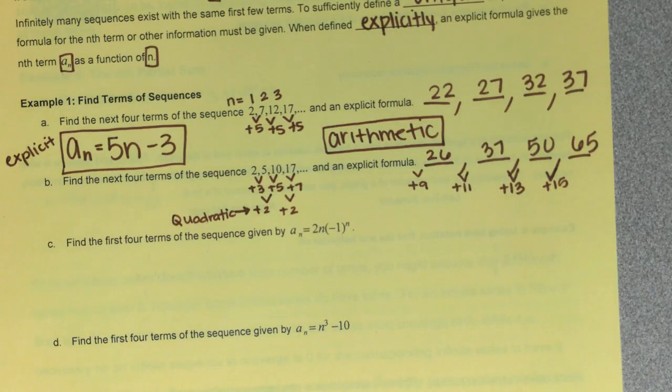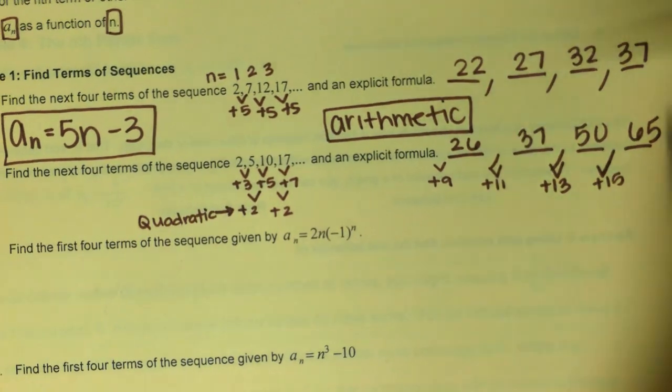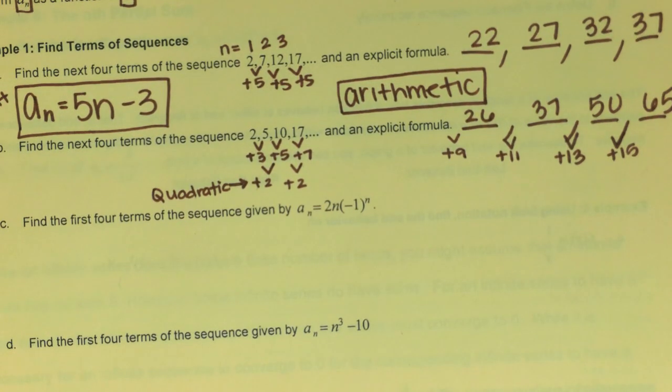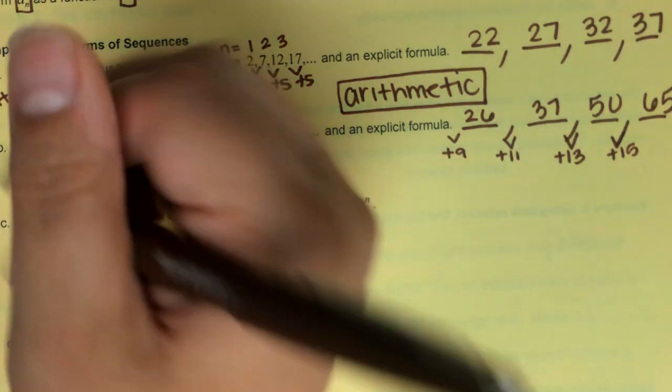This is a quadratic equation. If you have a second difference, it's a quadratic equation. There is no special sequence word for quadratic.